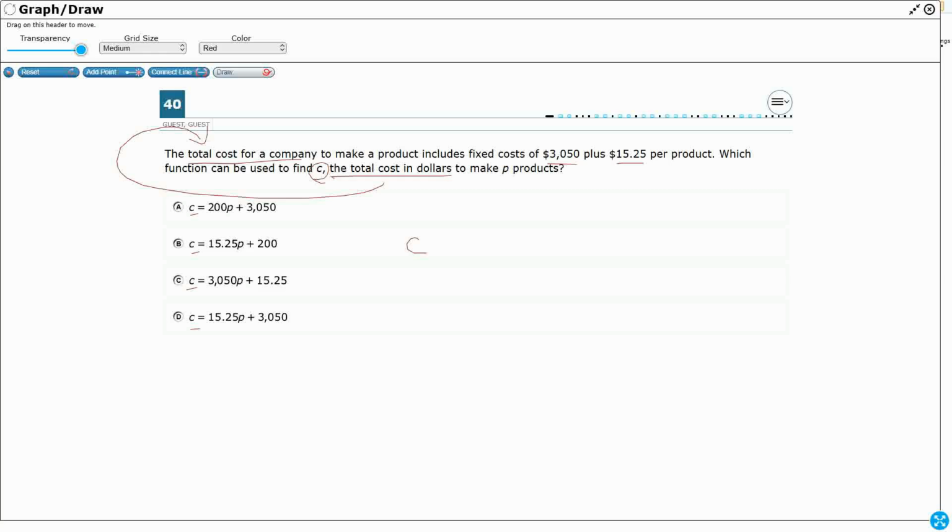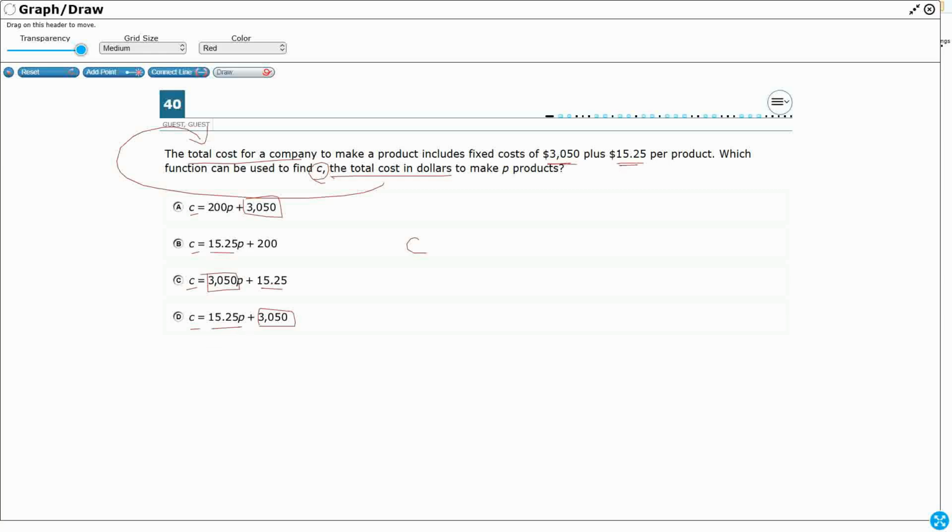So you notice our options here are to try to figure out what exactly is happening with this 3,050 and the $15.25. Now, I'm going to put boxes around my 3,050. Now I'm going to underline my 15.25.